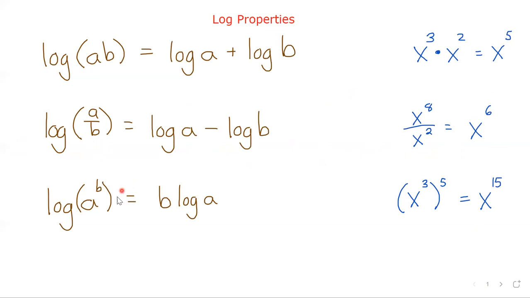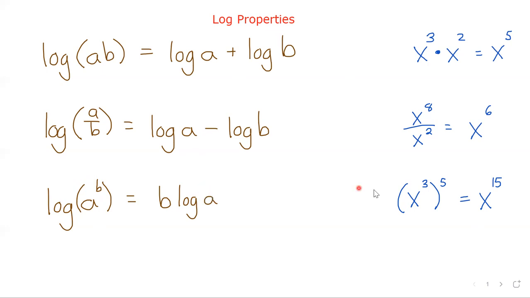Then we've got this last rule that says the log of something with an exponent. Basically, the way you remember this is this exponent just moves on down to the front. You can bring it down in front. This is saying that if you have a log of something with an exponent, you can multiply by that exponent. Let's figure out what that means.